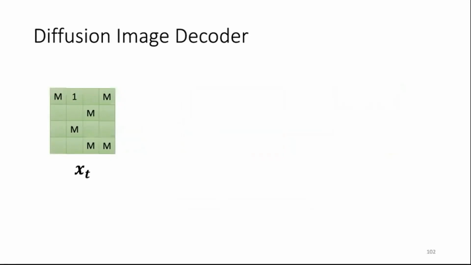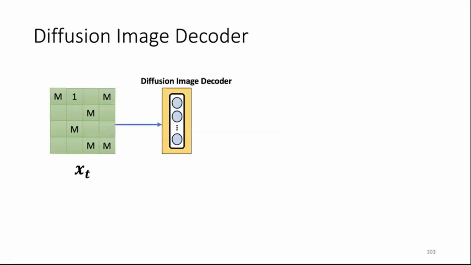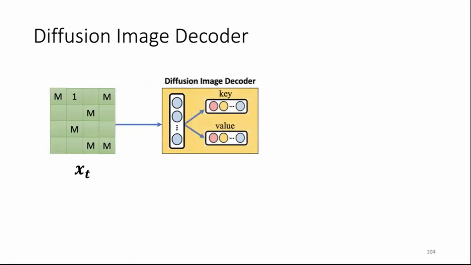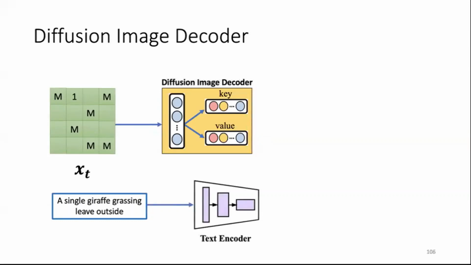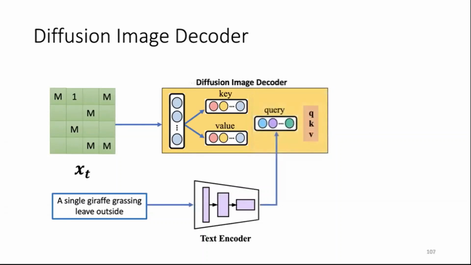So how does this decoder work? It takes the noisy code representations and passes them to the first layer of the decoder, which is the adaptive normalization. From this layer, we get keys and values. Then we take the label, which is text, and pass it to the text encoder, which is CLIP here. Then we get the query from this encoder, and we do cross attention between the features coming from the code representation and the embedding of the text.